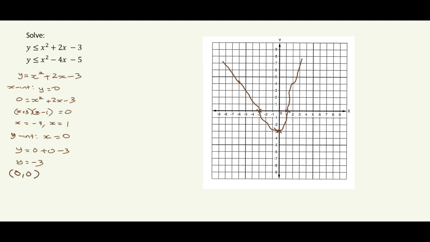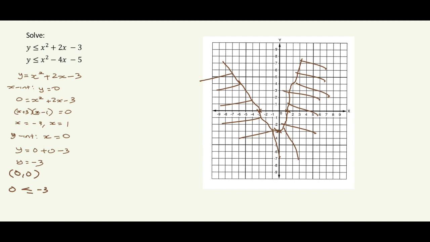So 0 is less than or equal to negative 3, which is false. So any part of the graph that contains the origin is considered an invalid portion, is incorrect. So we've shaded the opposing parts right there, and this also.